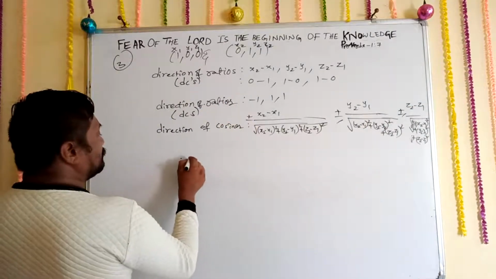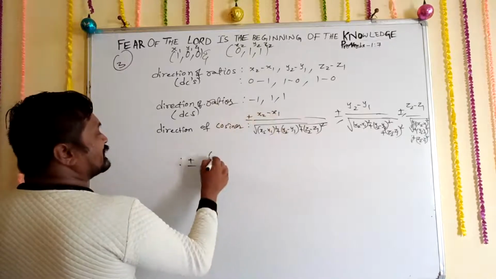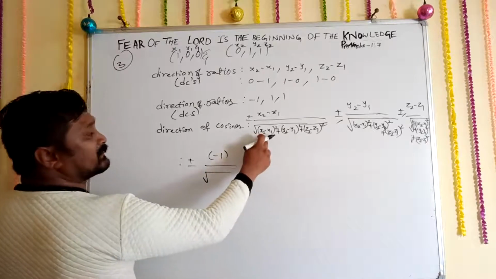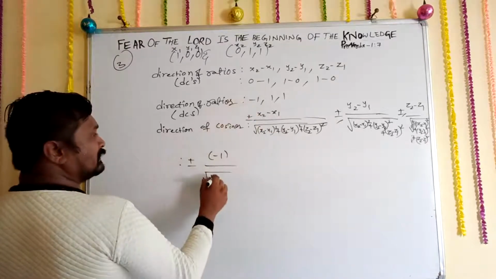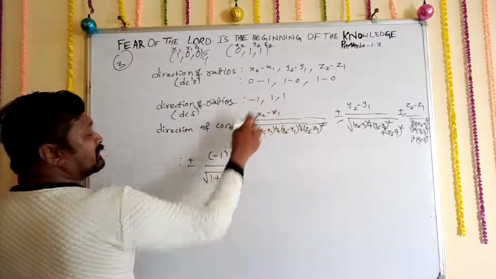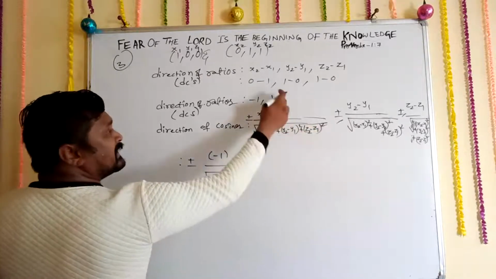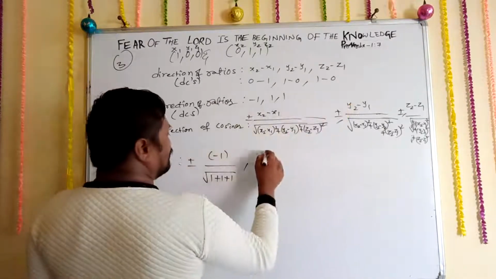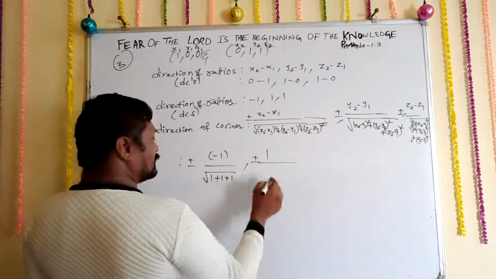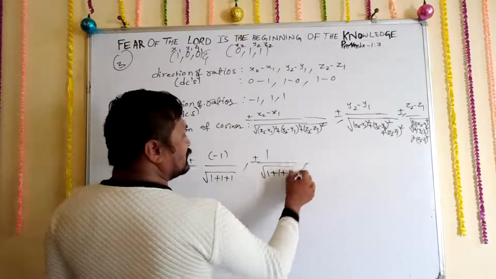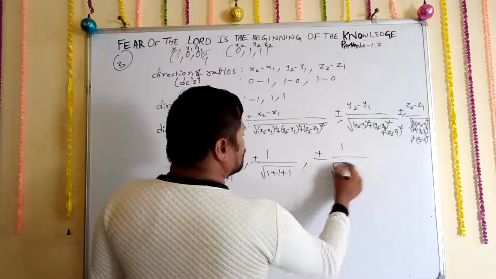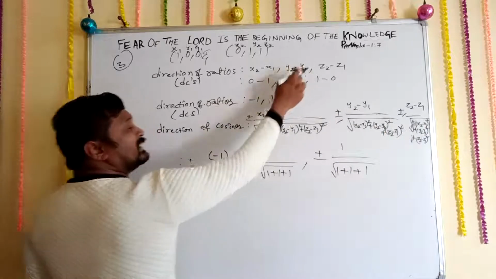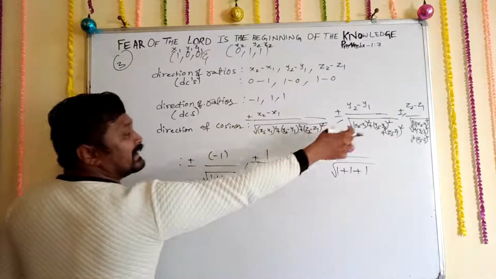We get plus or minus x2 minus x1, which is minus 1, upon the square root of minus 1 whole square, 1, then y2 minus y1 is 1, 1 square is 1, and z2 minus z1 is 1, 1 square is 1. Next, y2 minus y1, 1, upon plus or minus the square root of 1 plus 1 plus 1, then plus or minus 1 upon the square root of 1 plus 1 plus 1, because z2 minus z1 is 1 and y2 minus y1 is also 1, and this denominator is the same for all.